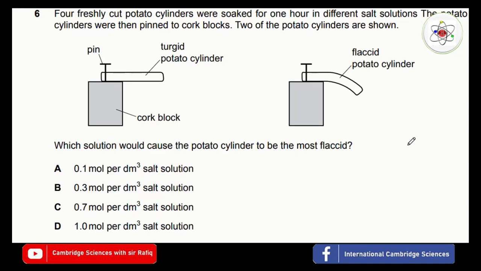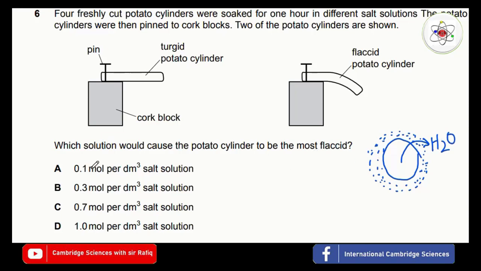As you know, flaccid means floppy. When the cells are in salt solutions, the more concentrated the solution, or you can say the less water potential in this solution, water moves out from the cell and the cell becomes flaccid.